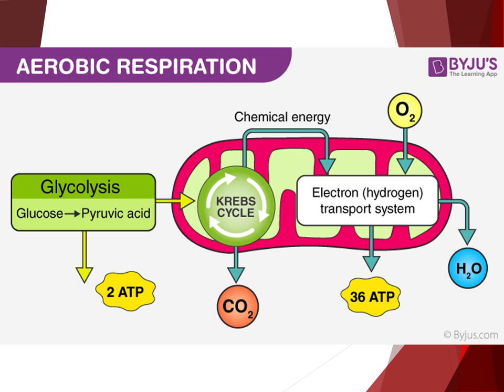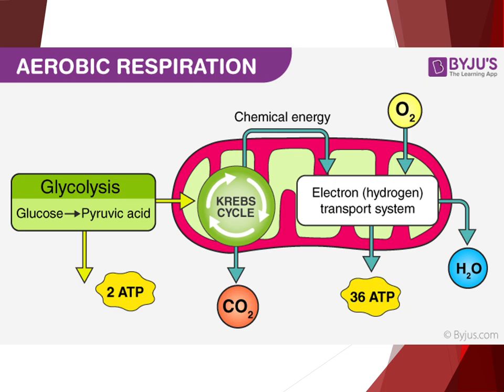In the case of cellular respiration, the primary reactants are glucose, or sometimes a fatty acid or an amino acid, but usually it's glucose and oxygen. Both glucose and oxygen are products of photosynthesis.